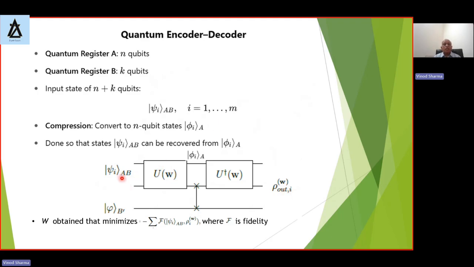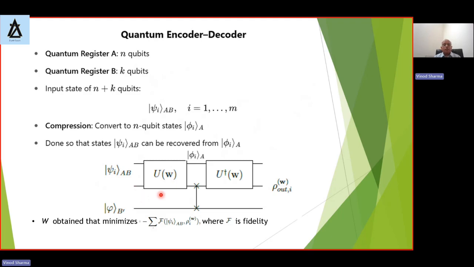So for each of these i's, n plus k states, we'll have n qubit states, and at the output using this circuit, we are going to get an n plus k qubit state, and we would like this circuit's U W to be such that this output is as close to the input as we could possibly get for this n and k.